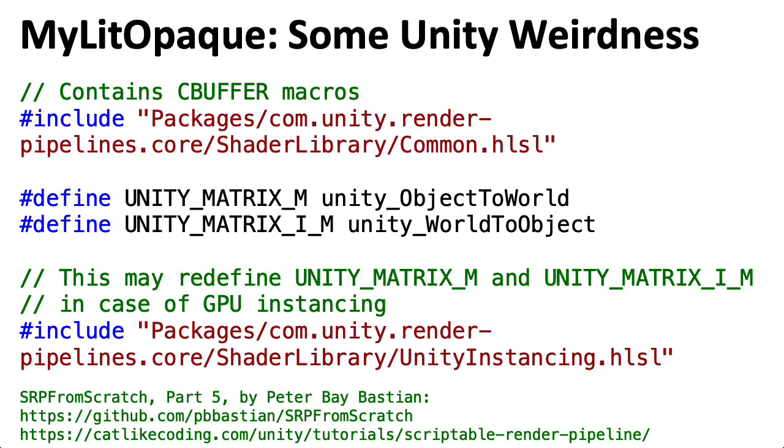Much of the rest of this is the same as what we had in the forward rendering demo. We have this weirdness associated with the GPU instancing capability of Unity. This is an optimization Unity can do behind the scenes, where sometimes it will have to take this Unity object-to-world matrix and do something weird with it. So instead of using this nomenclature, we're going to use these capitalized defines.